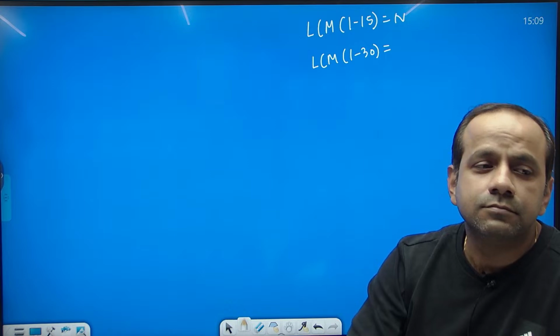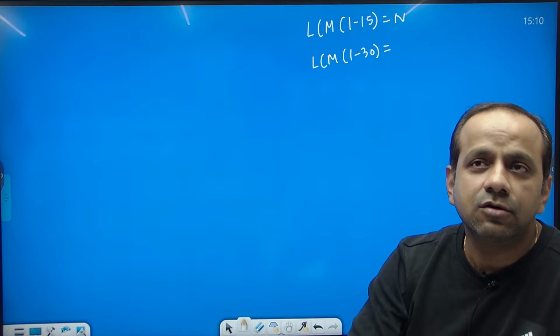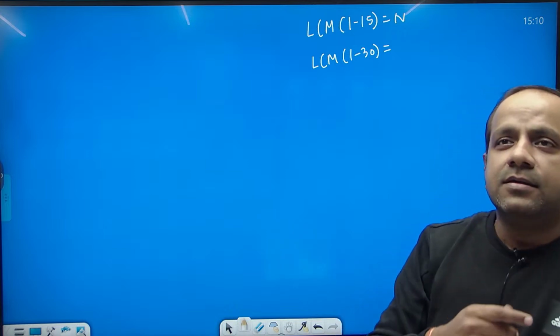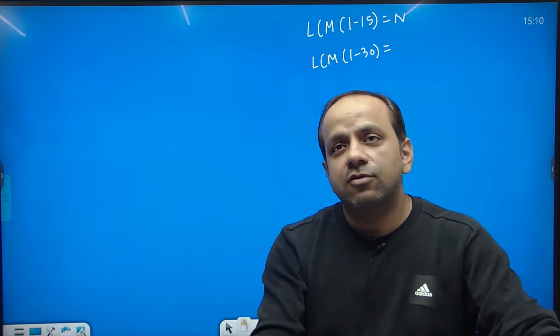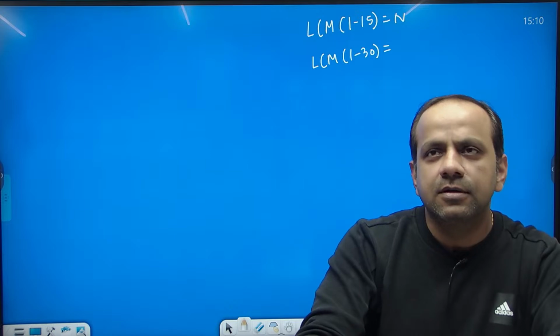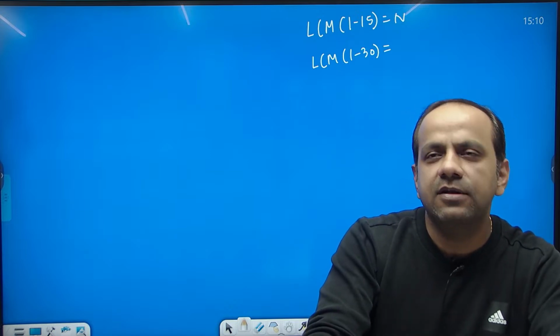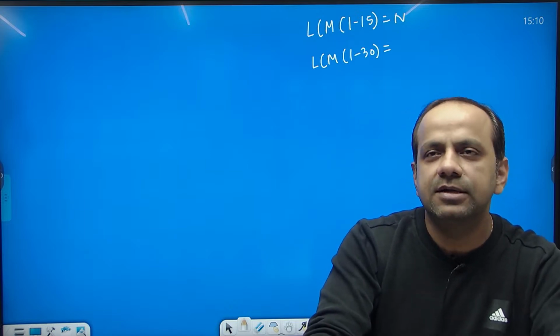Just 17, 19, 11, 23, 29. Think over it. Simply considering the prime numbers here would be enough. Okay. Just comment your answers. Even if you are wrong, you will be able to understand a wonderful concept.